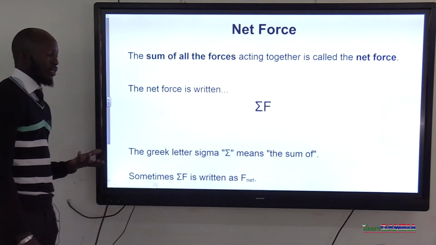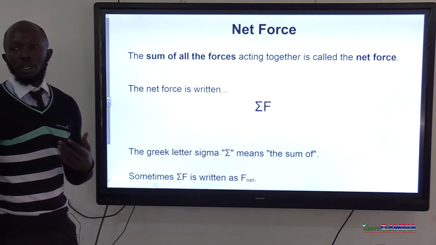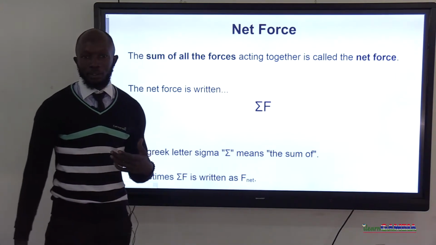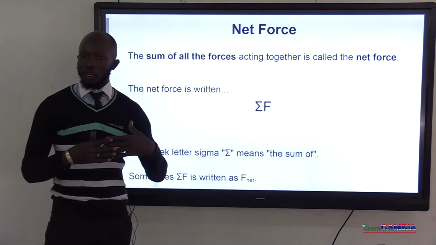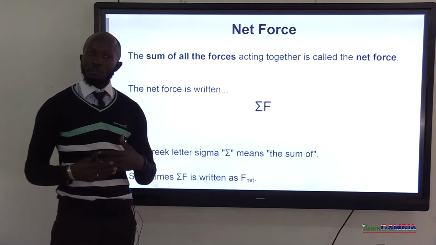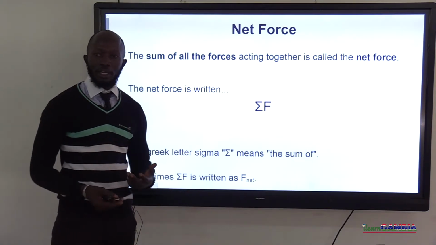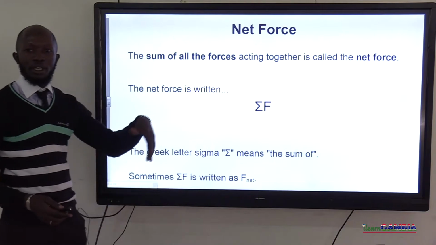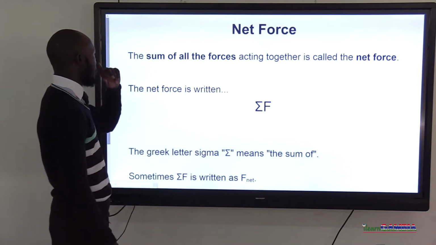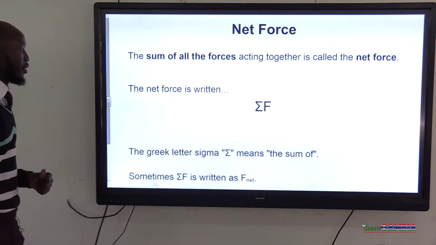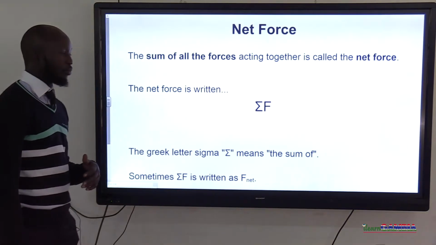Now we want to look at what is called a net force. A net force is just what I have explained. So if two forces are acting on an object and these forces are not balanced, obviously there is what is called a net force, just like in the small man, the little guy and the big guy case over there. So the sum of all forces acting together is called the net force.